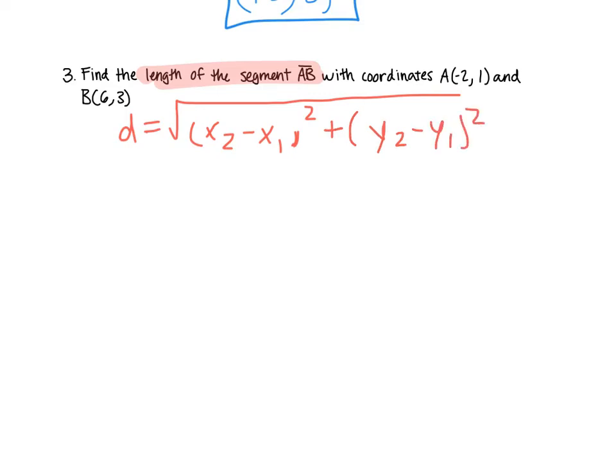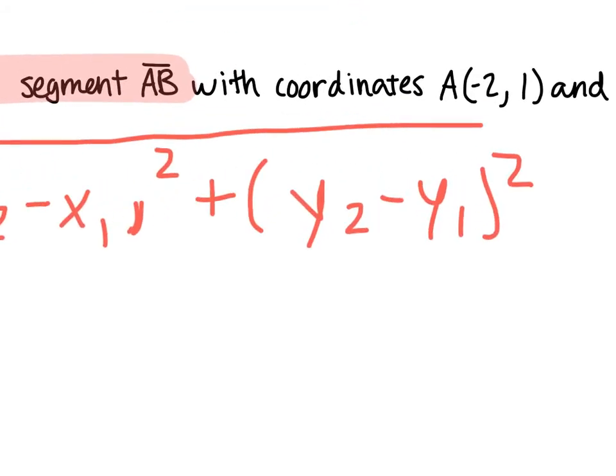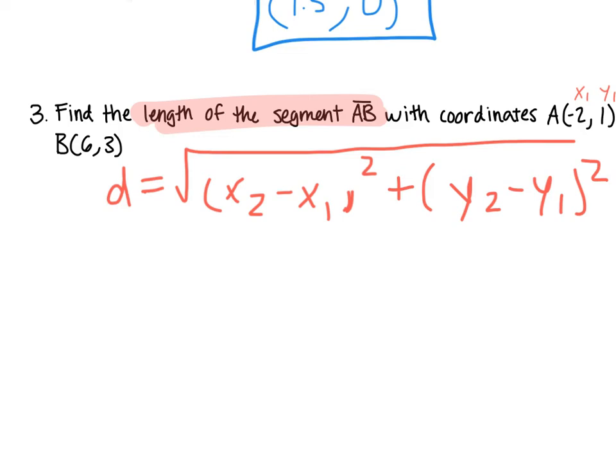So let's call A our first point, so this will be x1 and y1. And B is our second point, so we have x2 and y2. So now we have the distance is equal to the square root of, and now we just plug the numbers in.